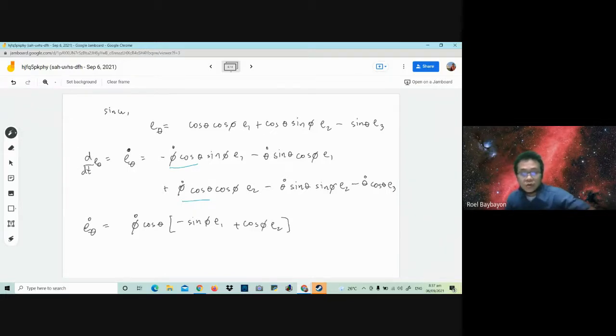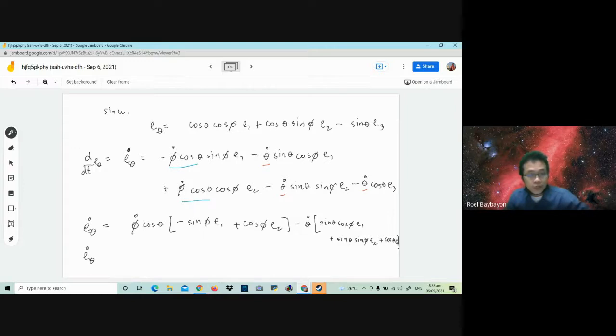And also if I factor out the minus theta dot, what remains is sine theta cos phi E1 plus sine theta sine phi E2 plus cosine theta E3. And this one?